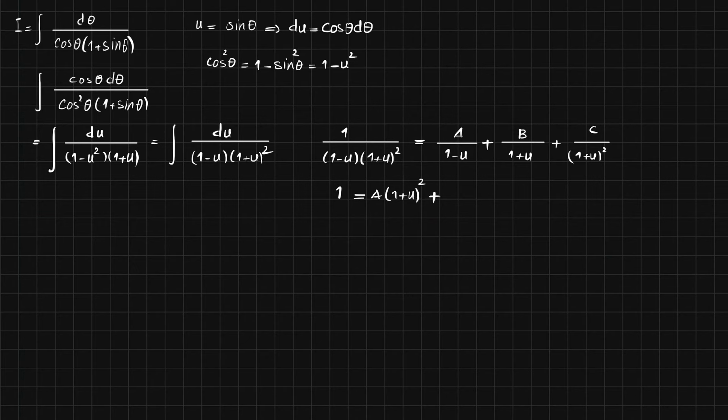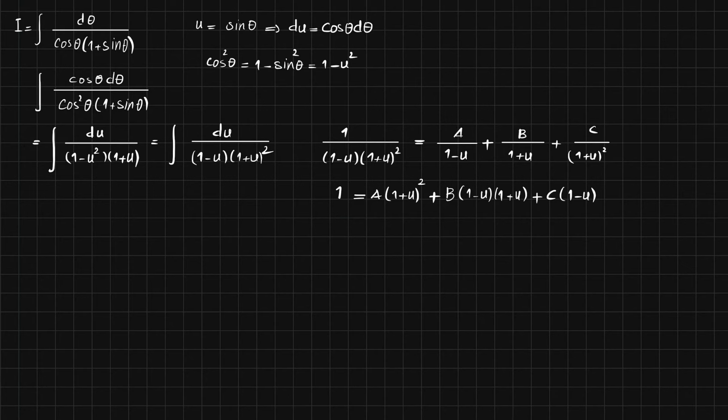Plus the middle one, 1 plus u here, cancels one of these factors. This is left, that will be multiplied by b, so it becomes b times 1 minus u times 1 plus u. And finally, when I take this factor and multiply it here, this power of 2 will completely cancel that one. 1 minus u is left, which should be multiplied by the numerator c.